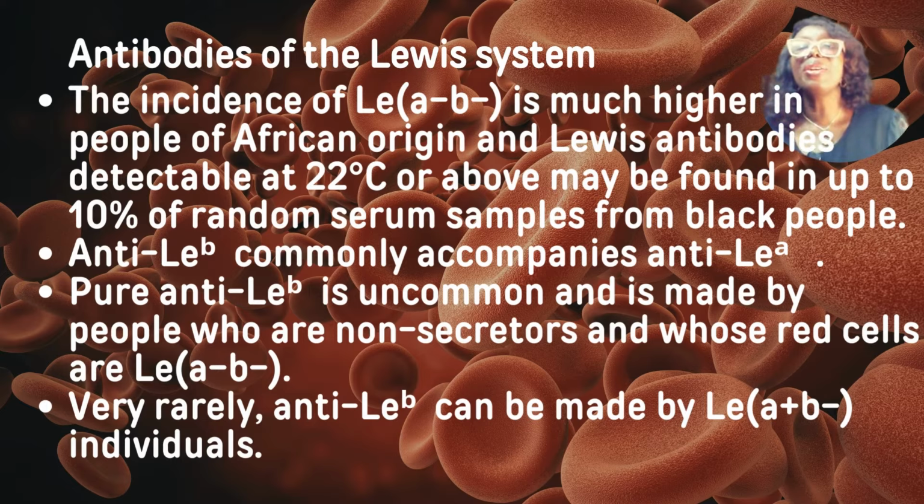Very rarely anti-Lewis B can be made by Lewis A plus and Lewis B minus individuals. It's mostly found in individuals who are Lewis A minus, Lewis B minus.